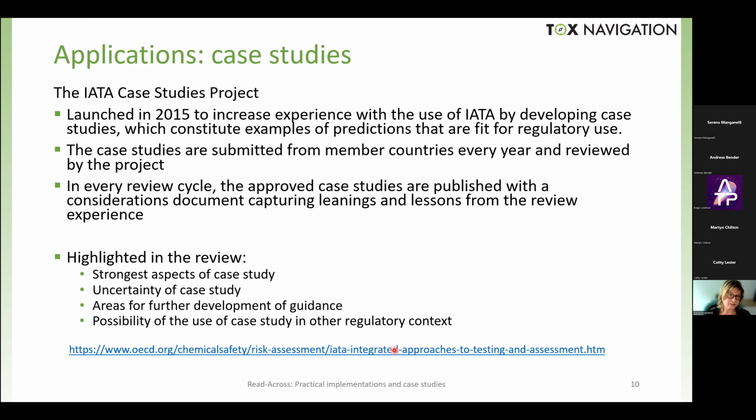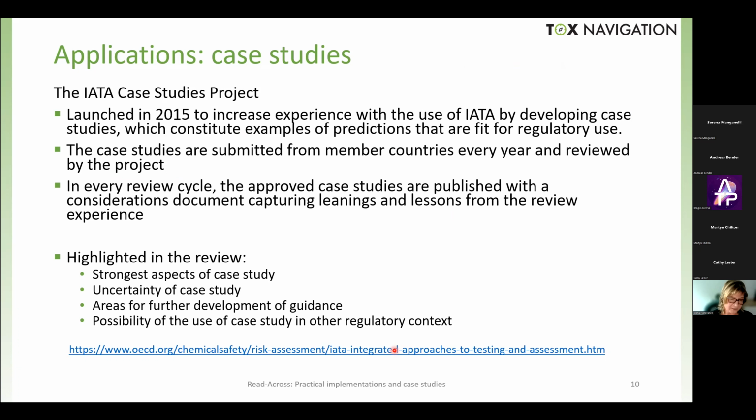The idea was to ask stakeholders, institutes or authorities to develop case studies where an IATA approach was applied, and to submit these to the OECD and to a team of experts.